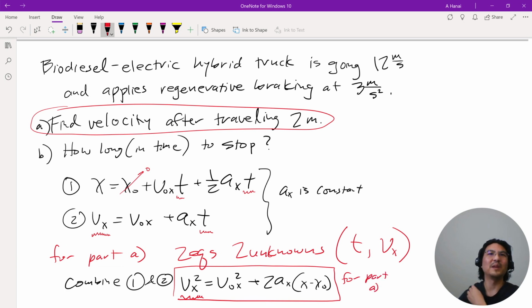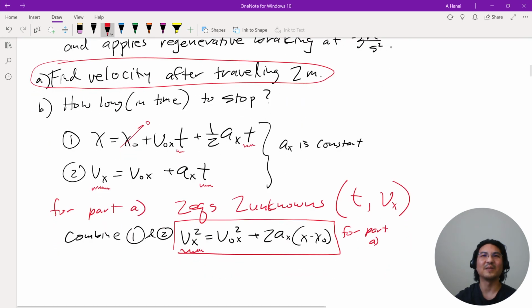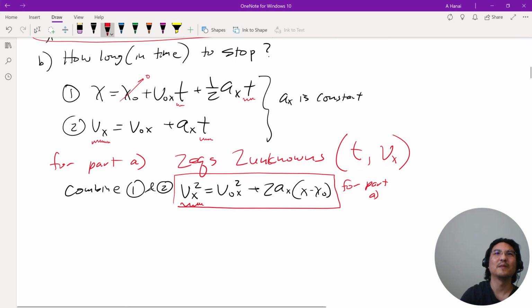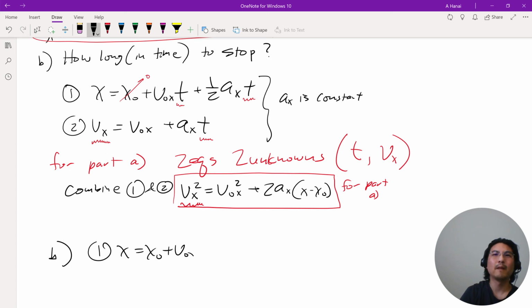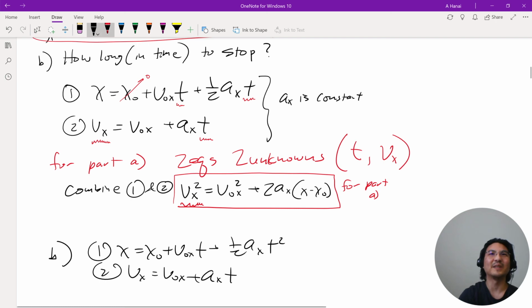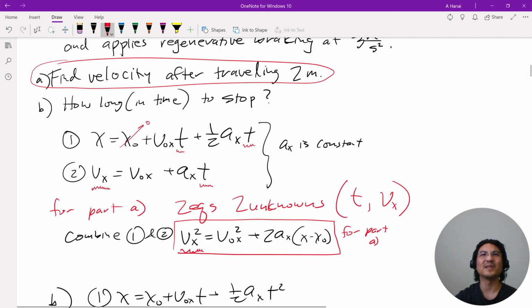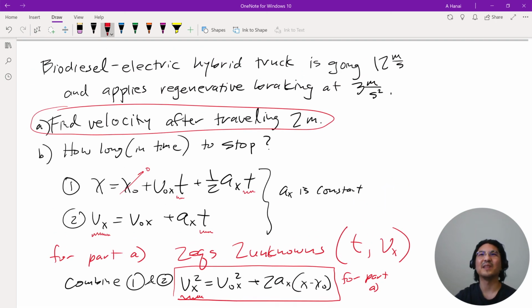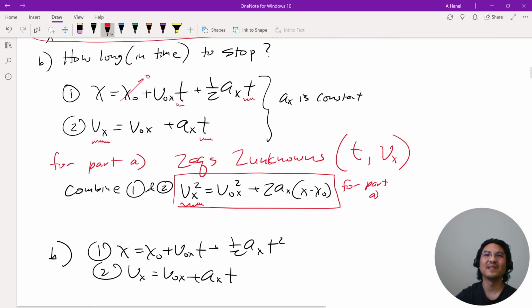Okay, and then part B, how long to stop? For part B I can use those same equations. And then you decide what's known and what's unknown, right? So I got the initial velocity, I got the acceleration.